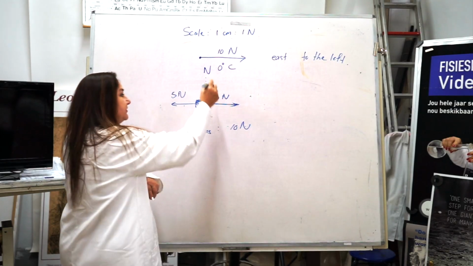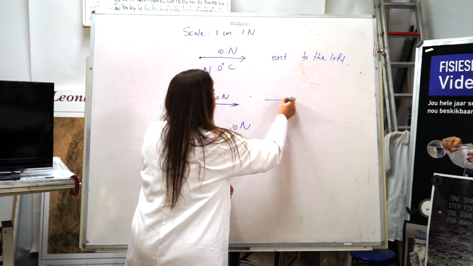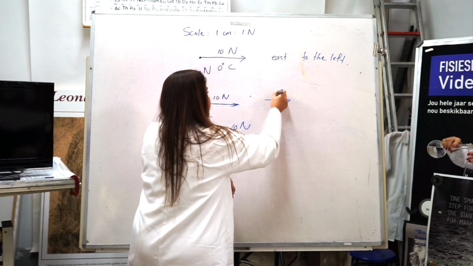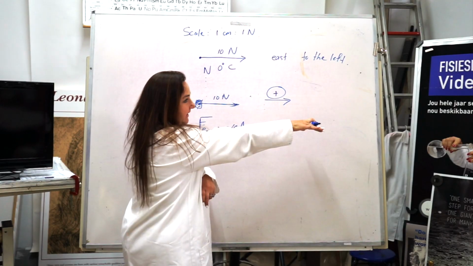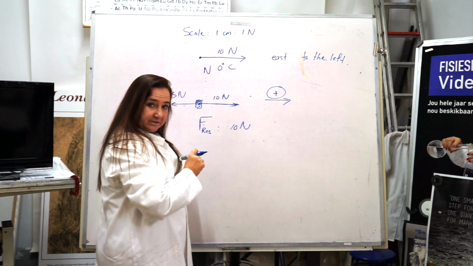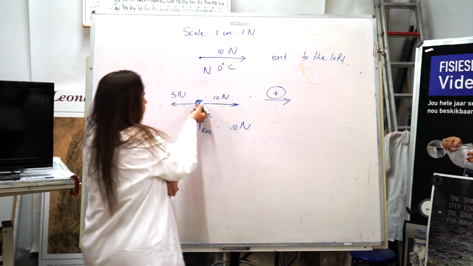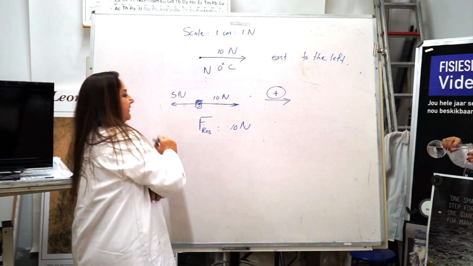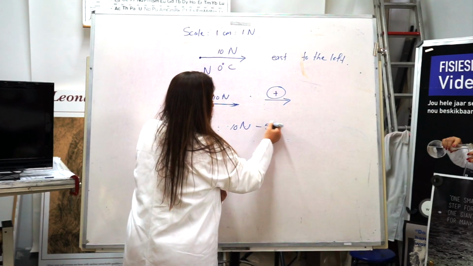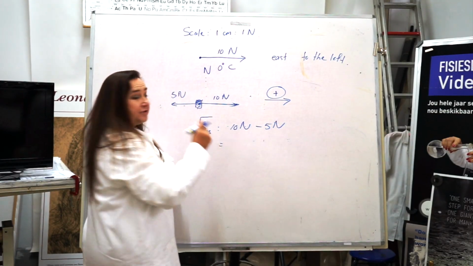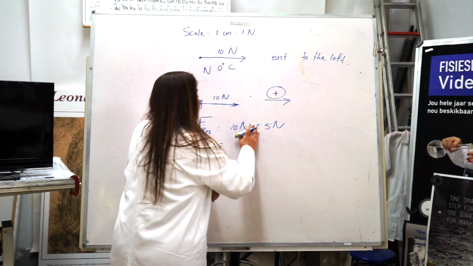I choose that direction as my positive direction. Then if this is working in the opposite direction, I'm going to put in front of it a minus 5 Newton to show that.